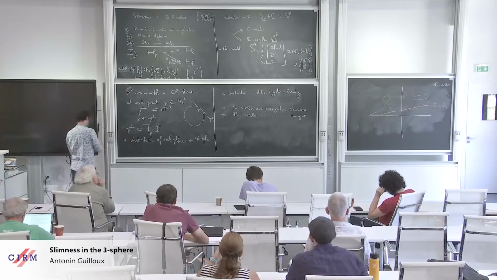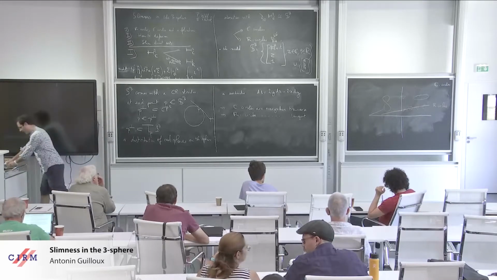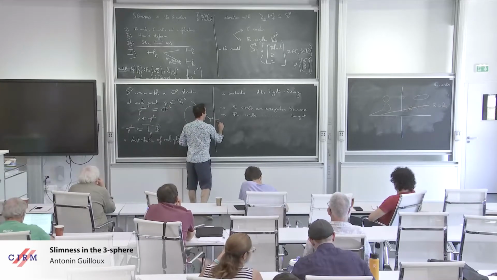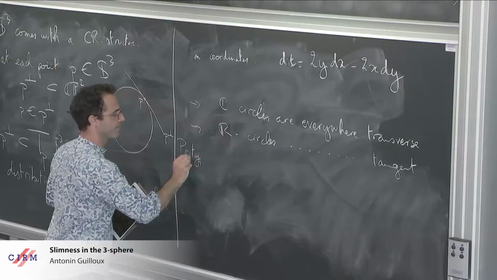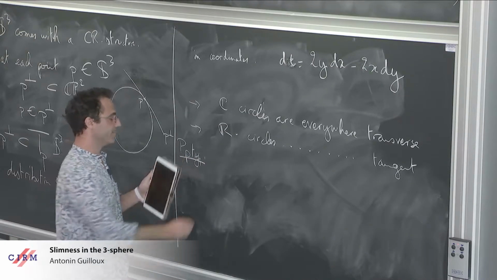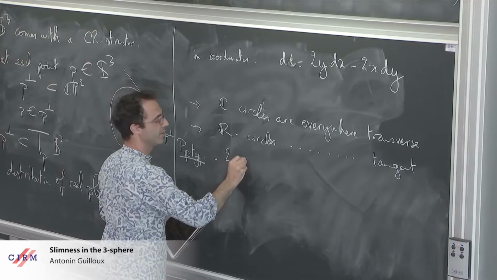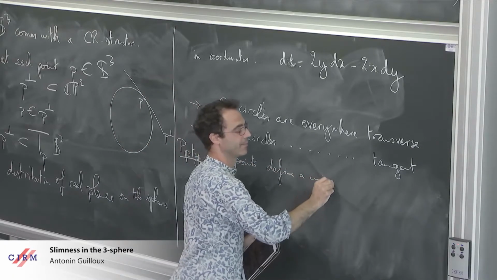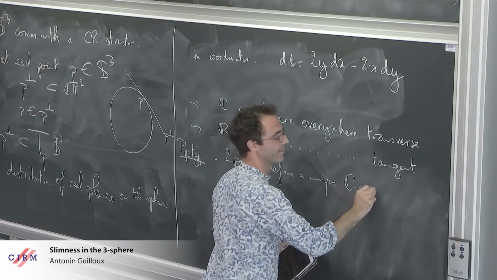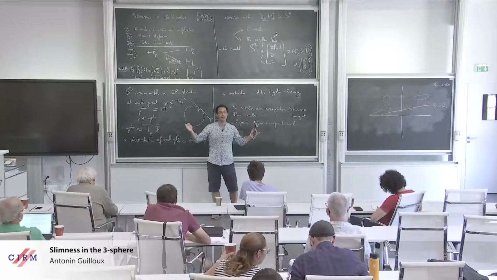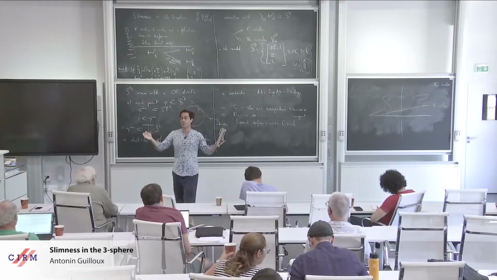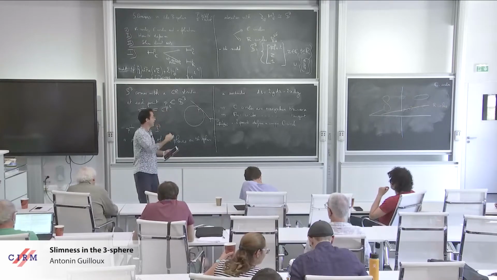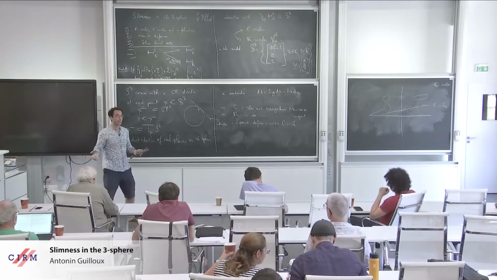Okay. So maybe some properties around these things. 2 points define a unique C circle. If I take 2 points in the sphere, those are 2 points in the projective space. So I have a unique complex line through these 2 points. And this gives me the C circles.